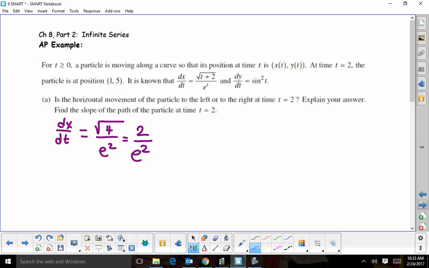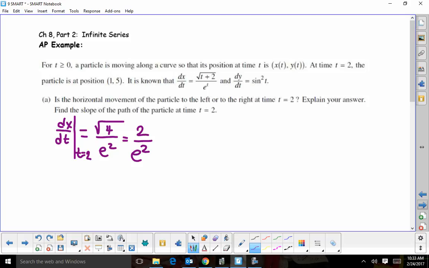Did you see how I just missed that point? Why did I just miss this point? It's on a technicality, Grant. dx over dt does not equal this. But it does when I evaluate it at 2.